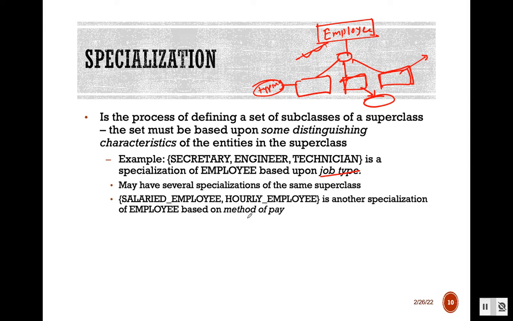For example, the employee can be specialized into three subclasses like technician, engineer, and secretary. And the same employee superclass can be specialized into another specialization like salaried employee and hourly employee, based on a separate attribute, method of pay.